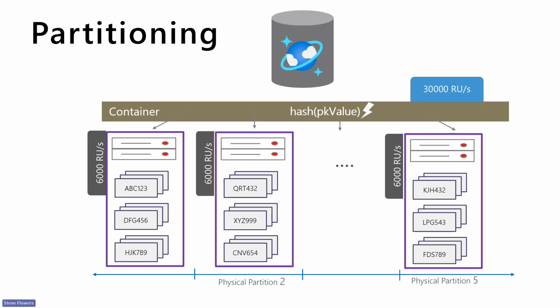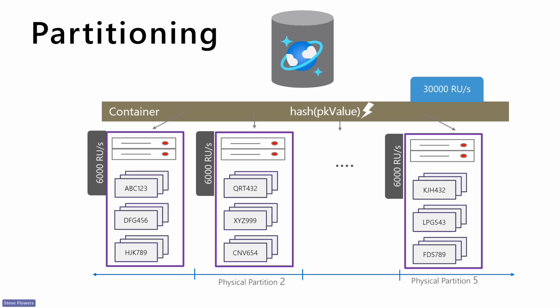So the way that we divide up our data is using a partition key, a hash of the partition key value. And based on that hash, a range of hashes will be stored on each physical partition. Again, just think of physical partitions as nodes and the logical partitions as shards within that node.